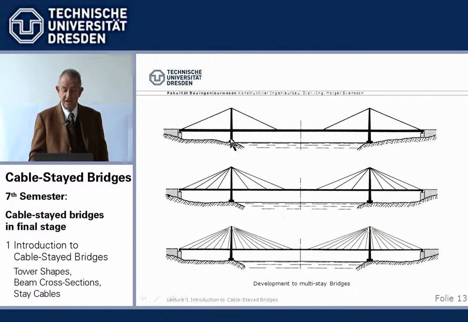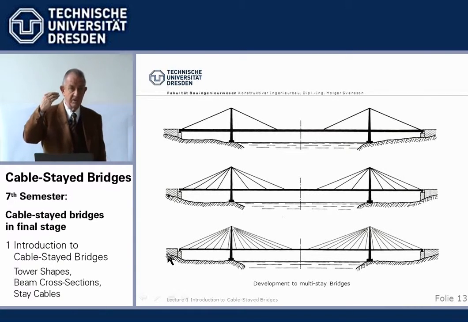And then the development went from single stays, forestays and backstays, to several forestays and backstays, providing smaller distances, until today we have what we call multi-stay cable-stayed bridges, where we have many stay cables at close distances.